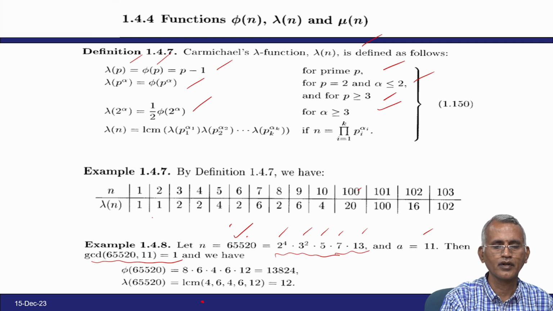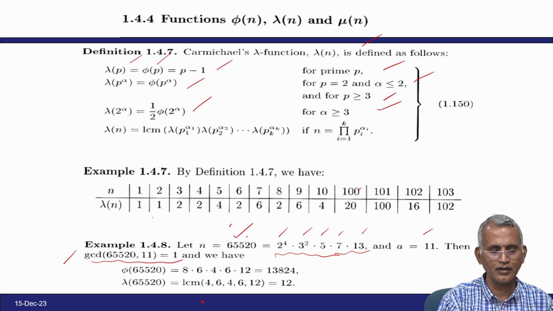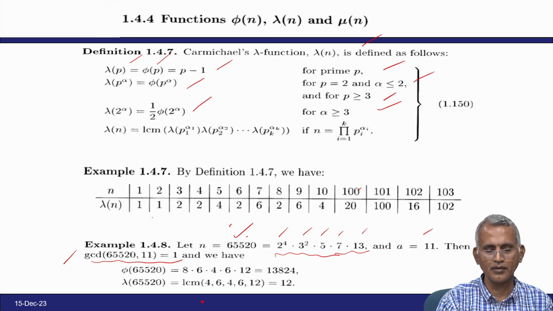It is working. We have phi of 65,520, which is nothing but 8 into 6 into 4 into 6 into 12. That becomes what?